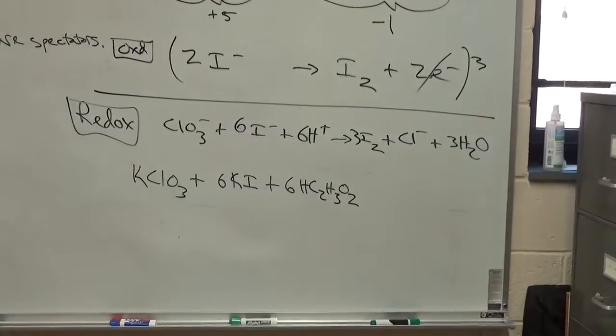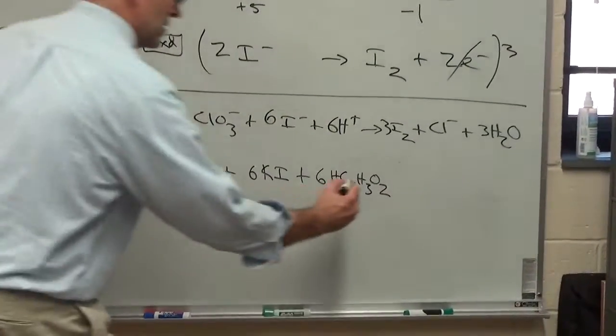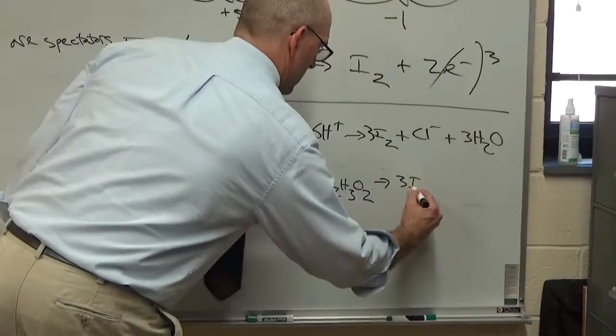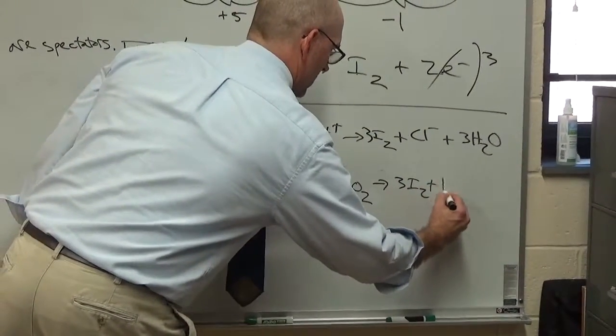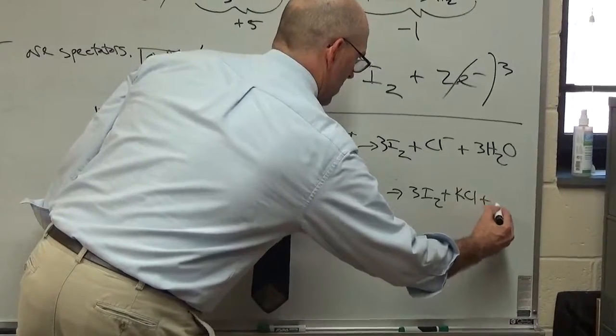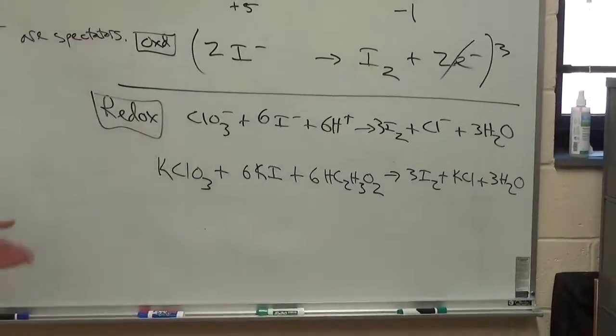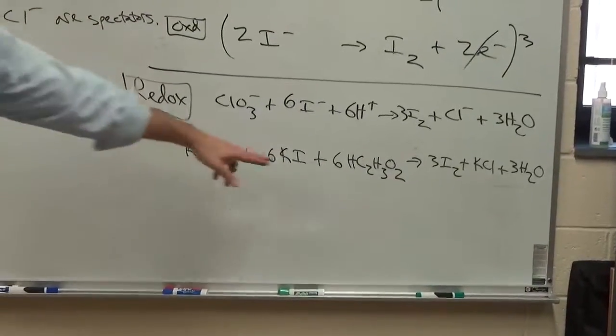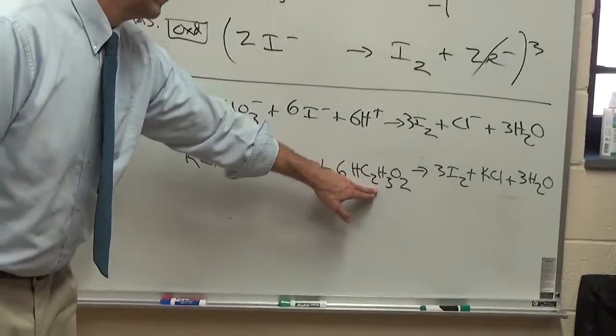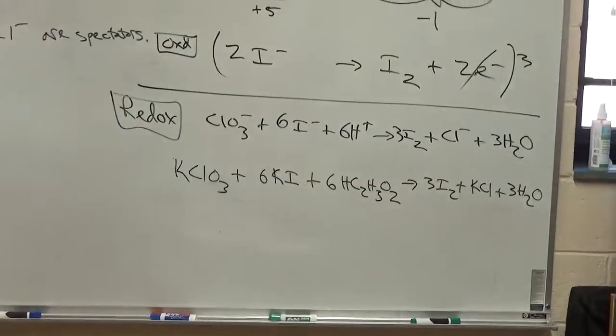Okay. It all looks right. Ran out of space. And then, of course, I now messed it up because I put the acetate ion back in there. I put 6 acetate ions back in.